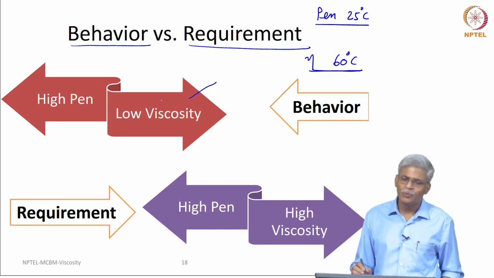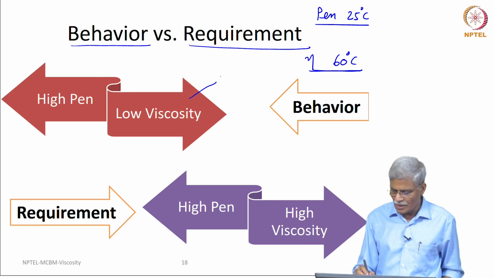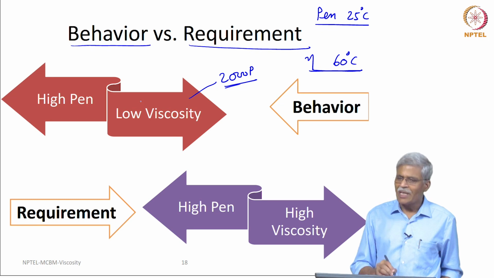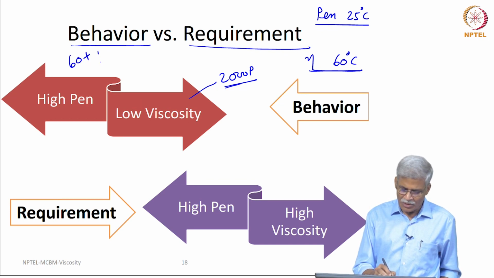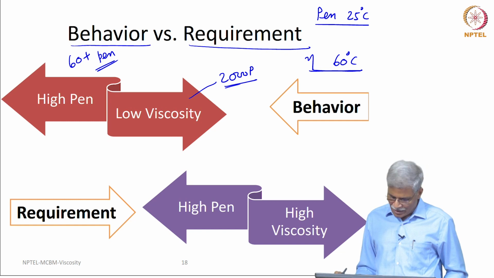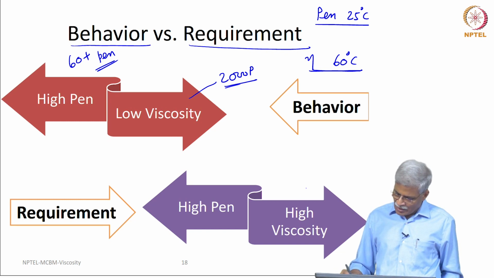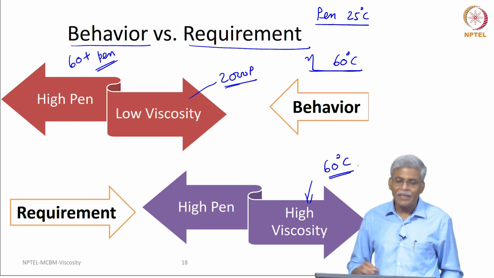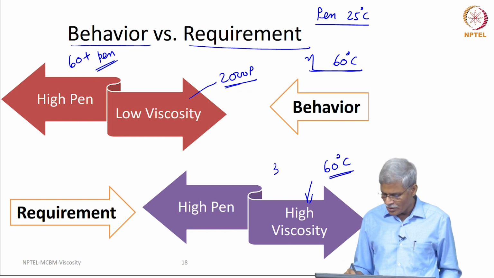If you have a low viscosity, let us say 2000 poise, the same material is likely to have 60 plus penetration at 25 degree centigrade. But what do you really need? You really need a very high viscosity at 60 degree centigrade, so let us call it 3000 poise.